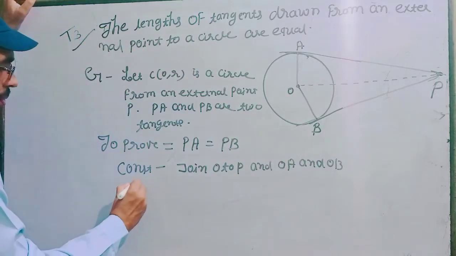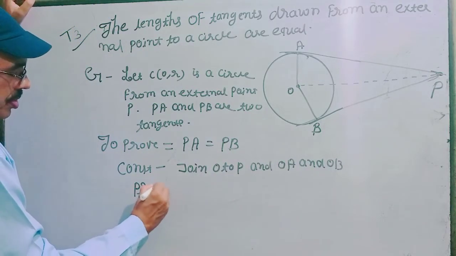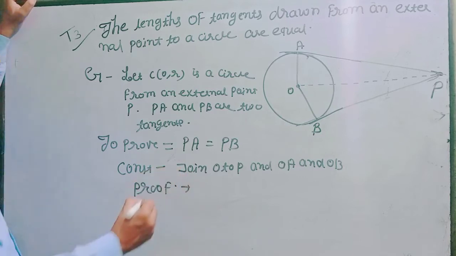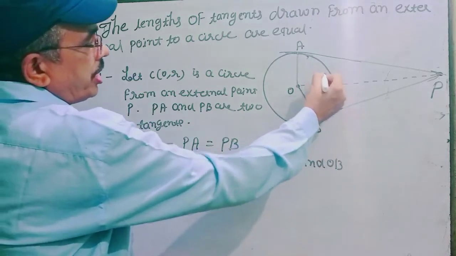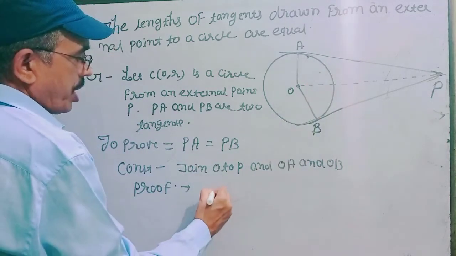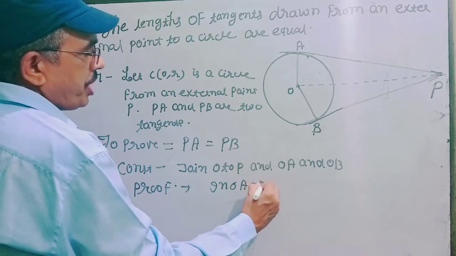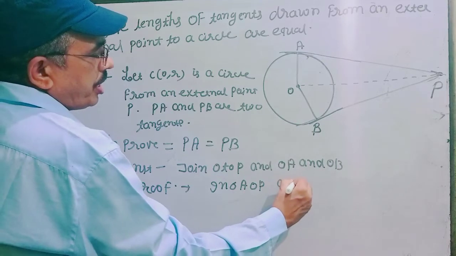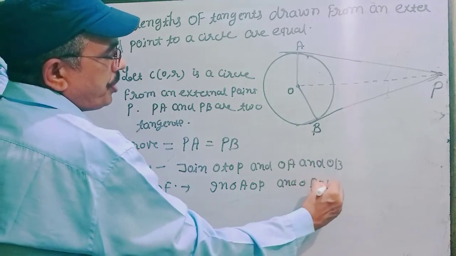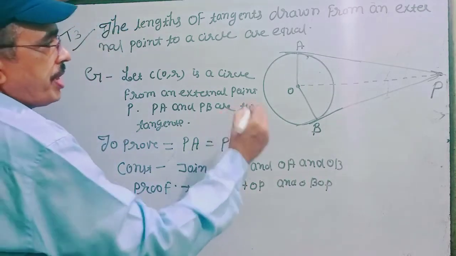So now prove. When we join OP, then you get two triangles, triangle AOP and triangle BOP. What is given?